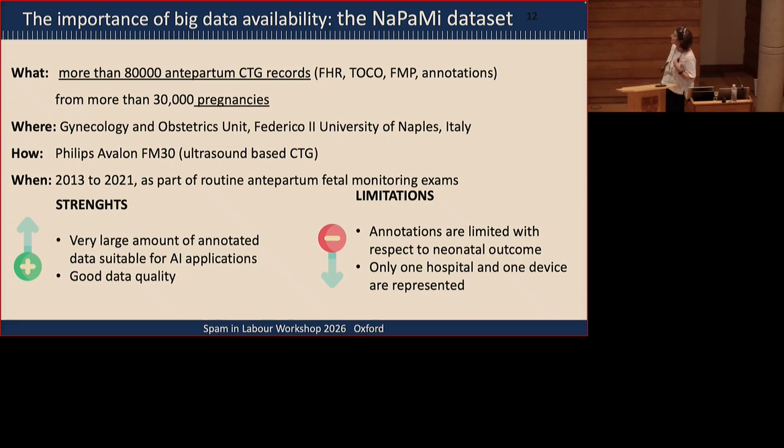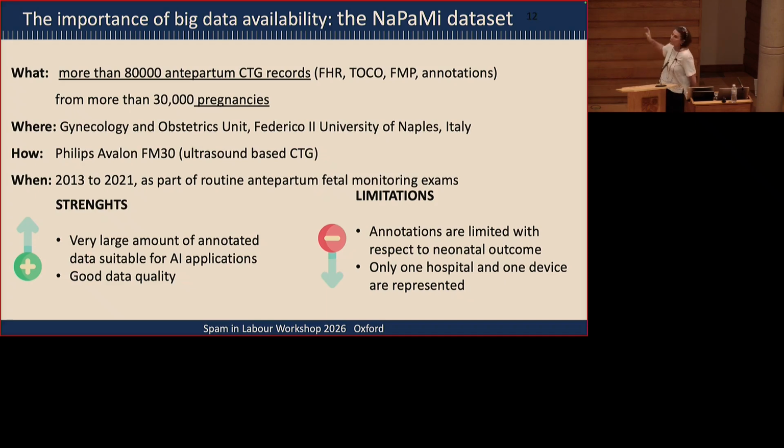What is negative is annotation. Annotation means that the clinician reports some notes saying which is the condition of the subject. The annotations are limited with respect to what has been assessed in the neonatal outcome.